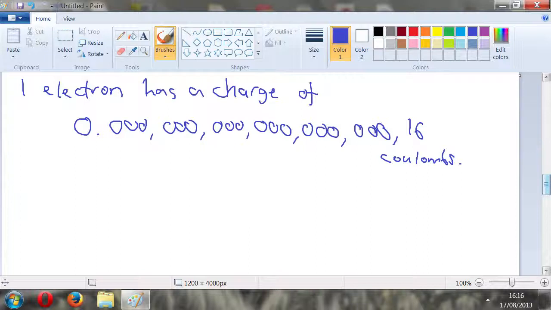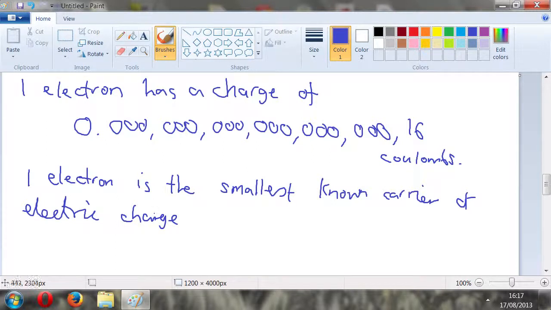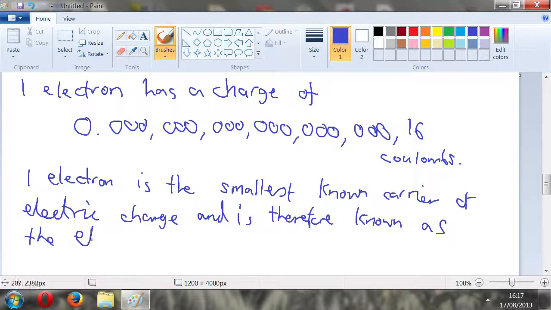So 1 electron has this charge of 0.18016 coulombs, which is the smallest known carrier of electric charge, and is therefore known as the elementary charge.